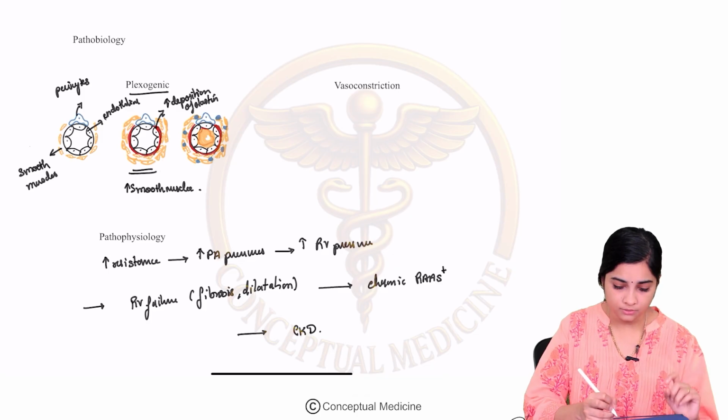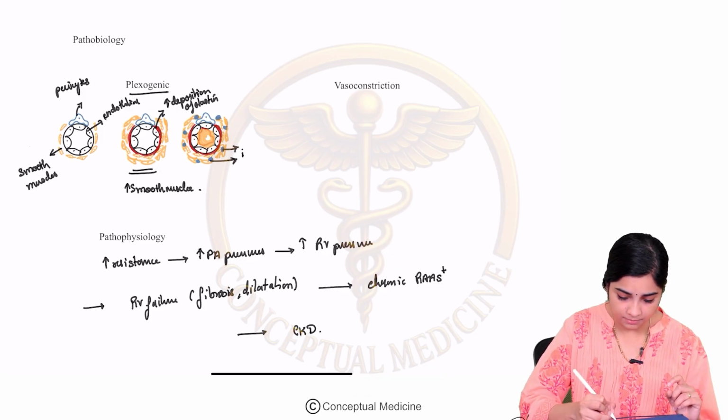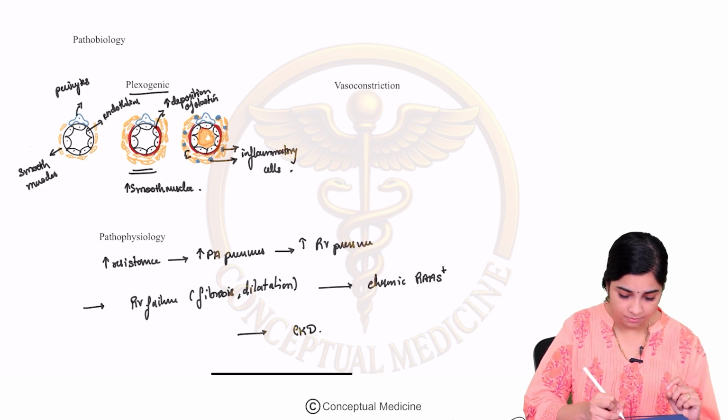Apart from that, over the course of time, you can see these markings in blue are nothing but inflammatory cells. You can also have formation of certain channels within the smooth muscles which are called endothelial channels.